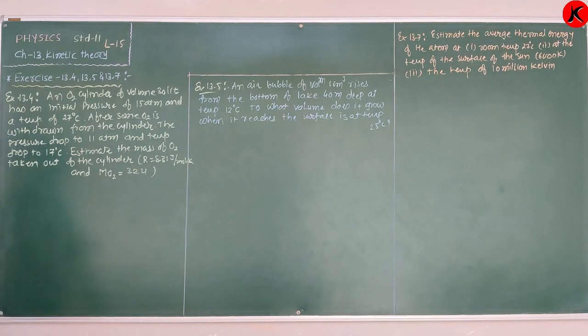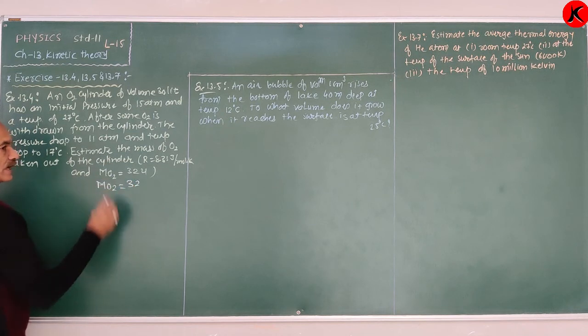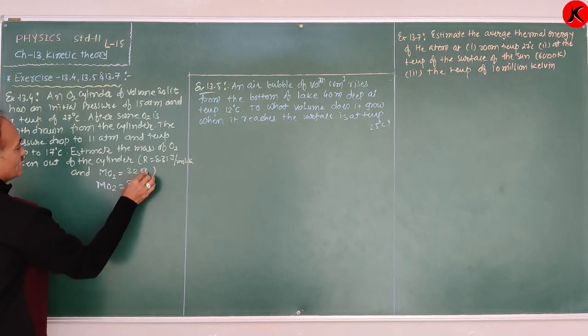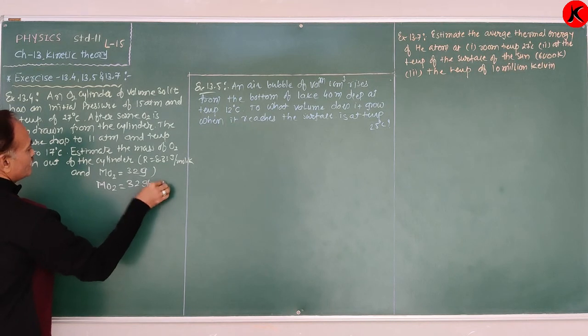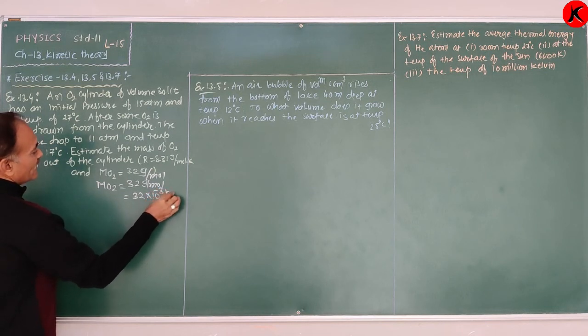The atomic mass, M0 of O2, is equal to 32 atomic mass unit, that is 32 gram per mole, which is equal to 32 into 10 raised to minus 3 kg per mole.